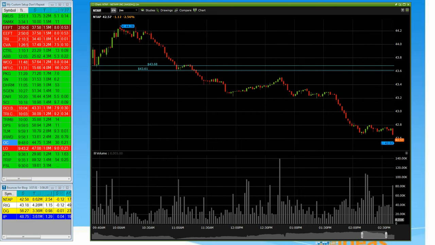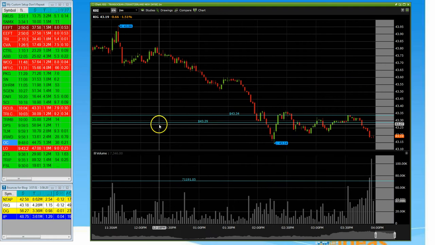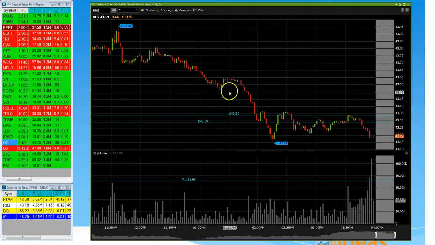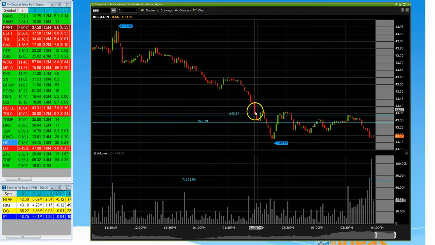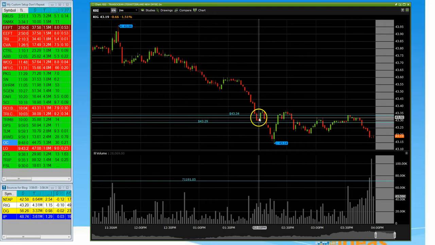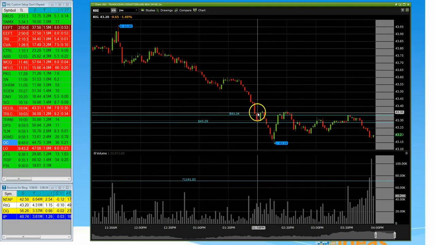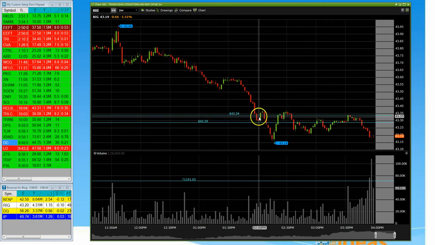Now the third or fourth trade I did was RIG, and this was very similar. Again, I'm looking at the sell off coming down here, and I was probably alerted to it right around in this area. And so now I did wait for the bounce to come. This was the last red candle, and because the previous one I'd been stopped out of, I waited a little bit longer, and I got in the trade at 43.34.